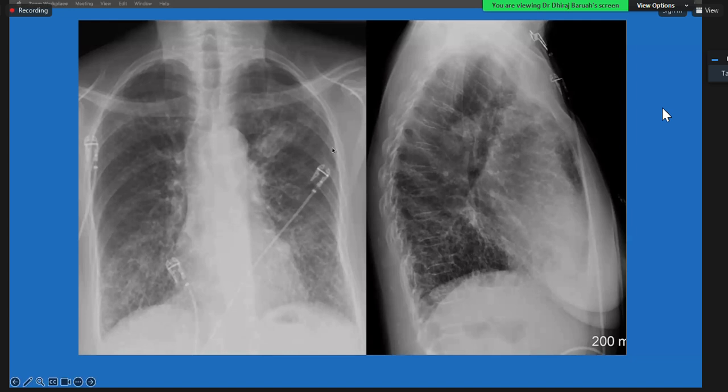Then if you look carefully, you see that opacity out here, which has kind of a mass-like opacity with some central opacity with peripheral lucency, so the air crescent sign and stuff like that is described. If you see that abnormality, you know that there is a cavitary process out there filling with a soft tissue opacity structure inside with some air outlining.